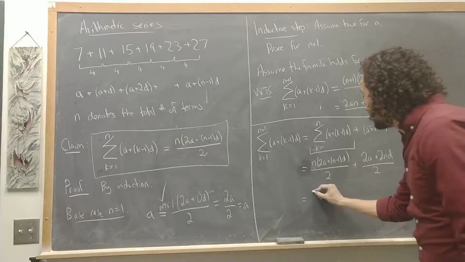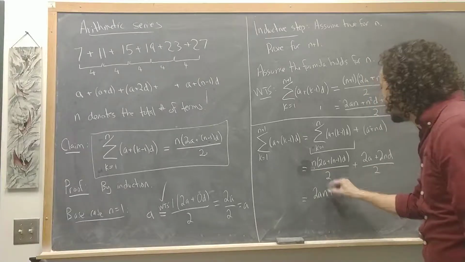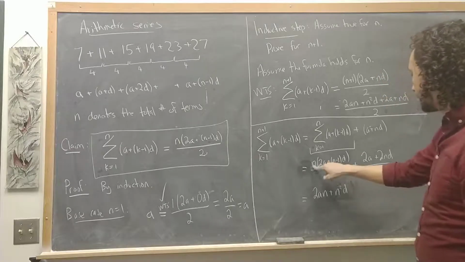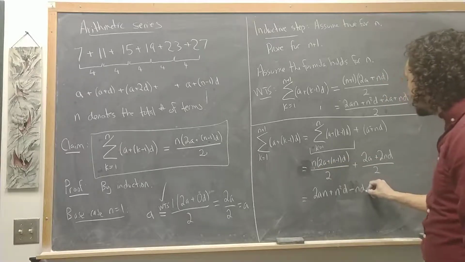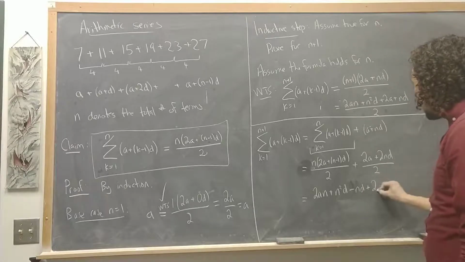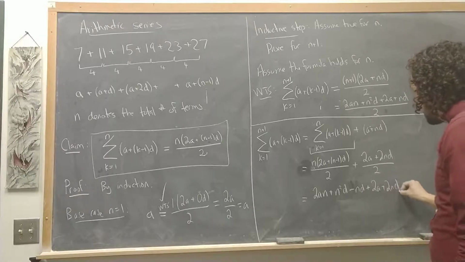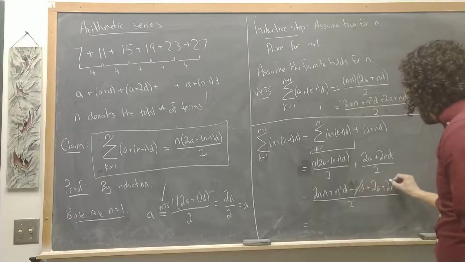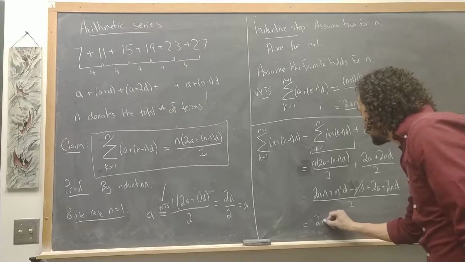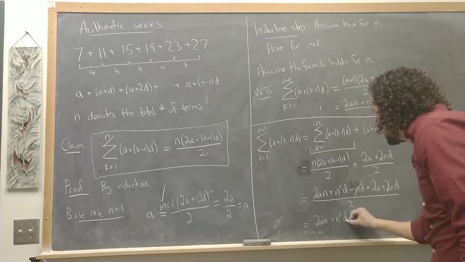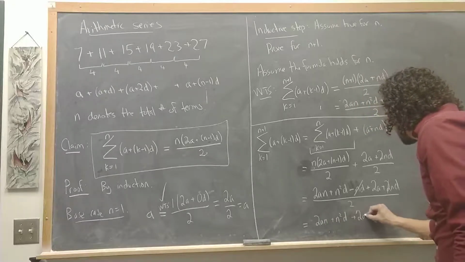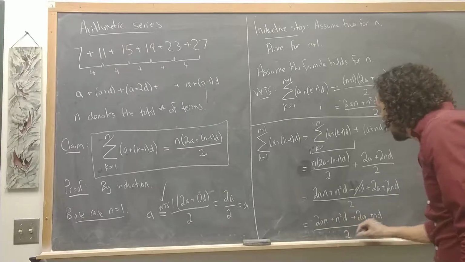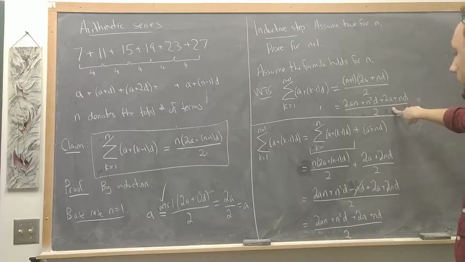If I multiply this out, I get 2an plus n squared d minus nd plus 2a plus 2nd, just algebra, all over 2. And that gives me (2an plus n squared d plus 2a plus nd) over 2, which is exactly what I was supposed to get.